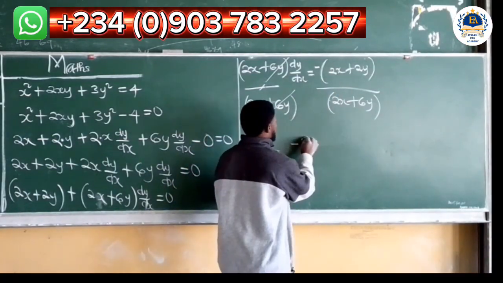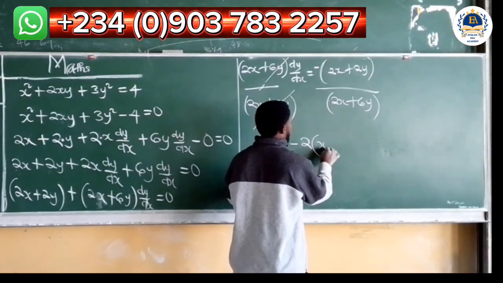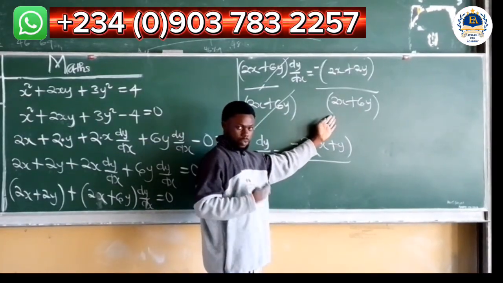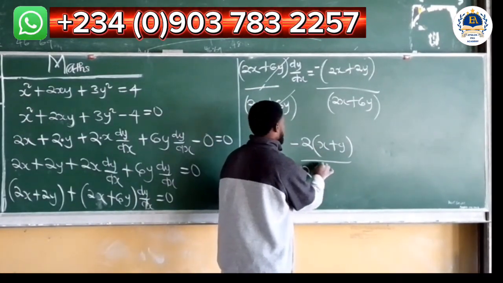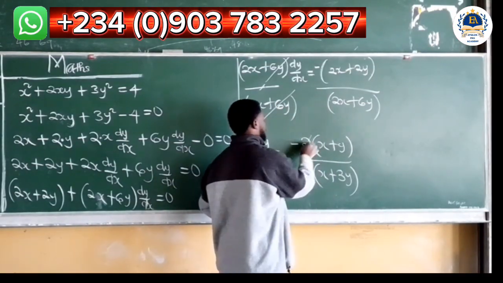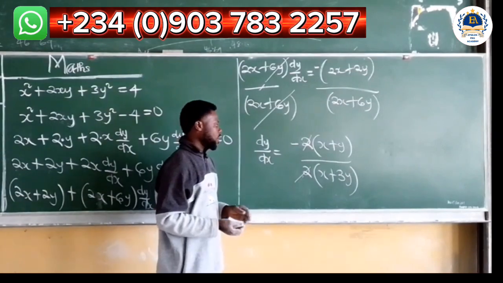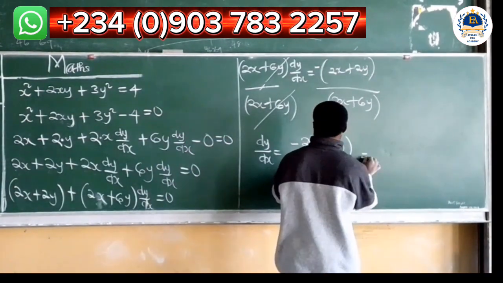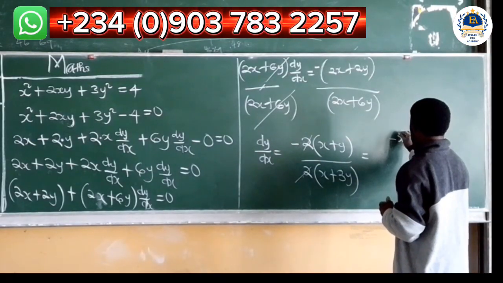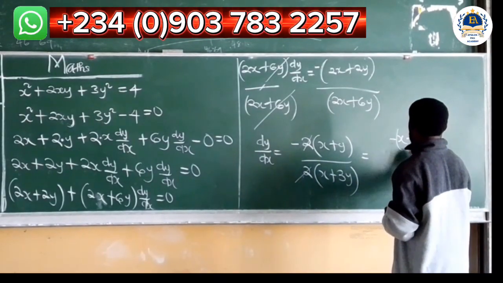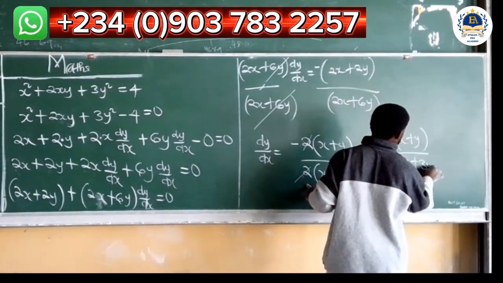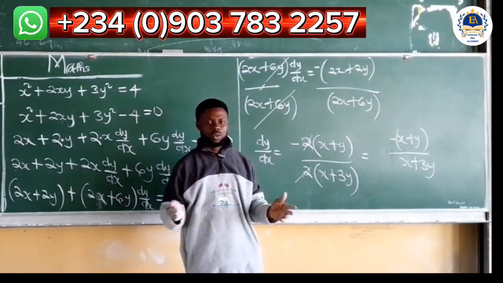So we have 2 outside the bracket, x plus y, divided by, let's factorize here also, 2 outside the bracket, x plus 3y. So the 2 and 2 cancel, and we are left with dy over dx is equal to minus x plus y divided by x plus 3y. So that is the final solution for this.